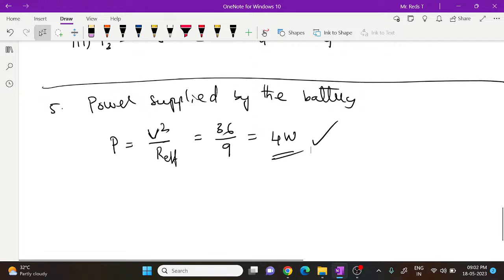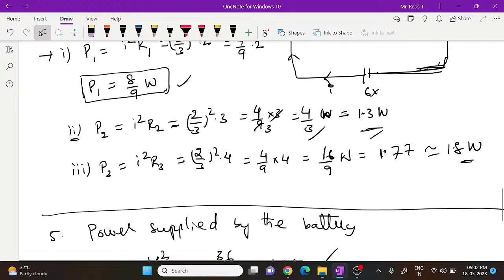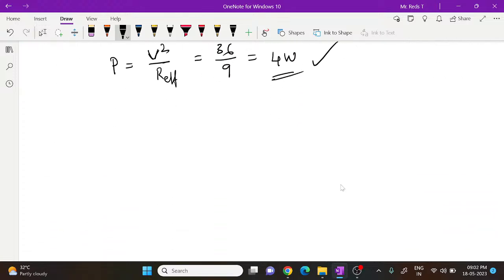Right, guys. So this is how you have to calculate the different parameters in such cases.